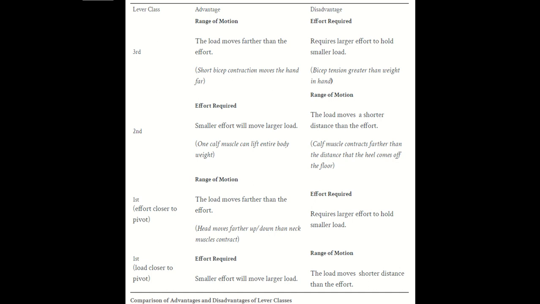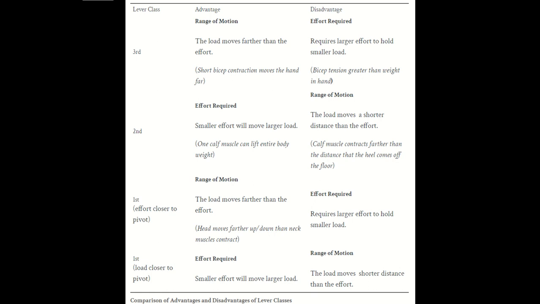An example of a first-class lever where effort is closer to the pivot, the range of motion would be an advantage. The load moves farther than the effort, such as the head moving farther up and down than the neck muscles actually contract, but the effort would be a disadvantage because it requires a larger effort to hold a smaller load.